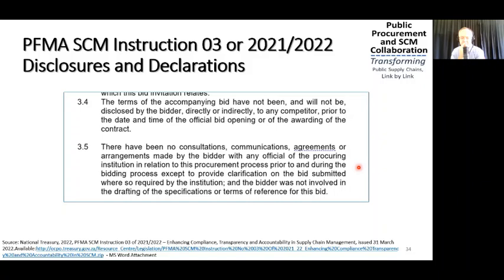So for me, that above part, which talks about the relationship with a person employed, is fine, it's correct. But below, I would have also liked to include a 3.5, which would say you have no communication with the person employed by the procuring institution, and so on, or any other person who might give you information and advantage.